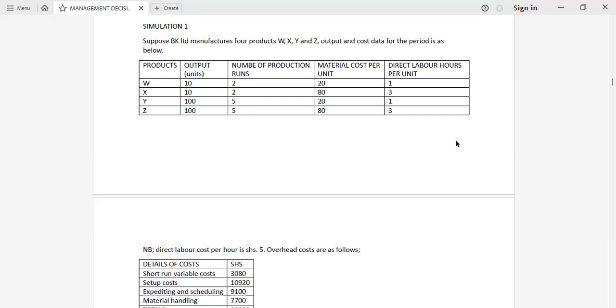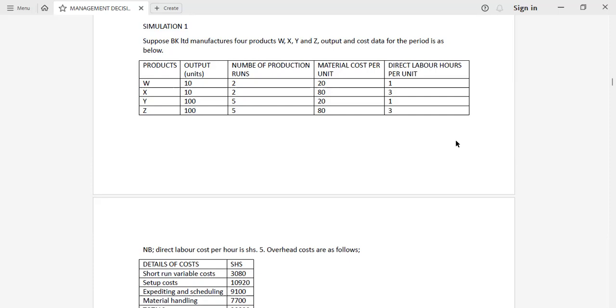But as far as MDC, or performance management, is concerned, we are going to focus more on the ABC system since the traditional approach was phased out due to the introduction of advanced technology.